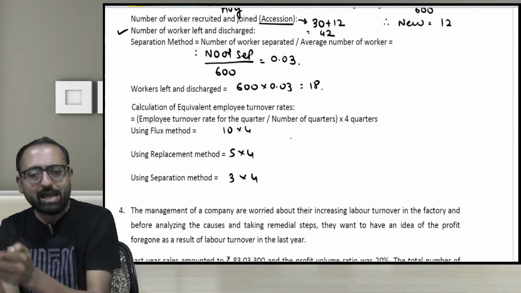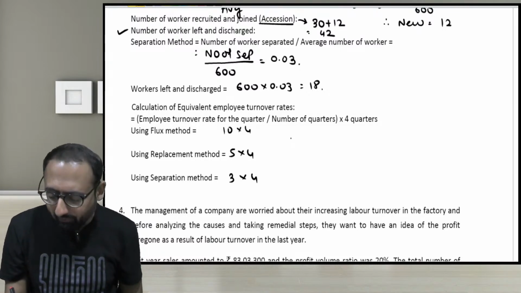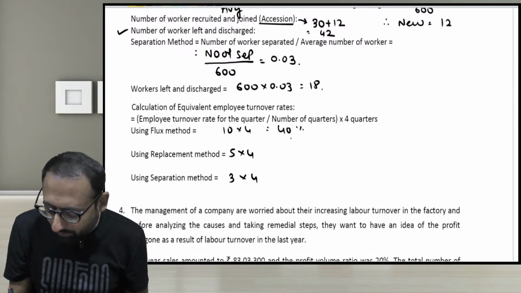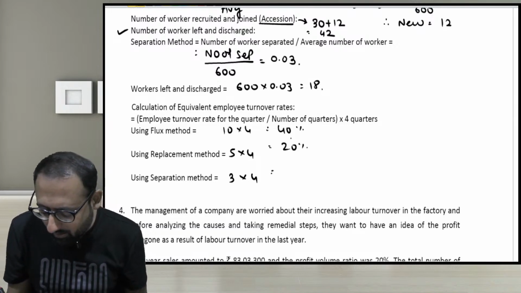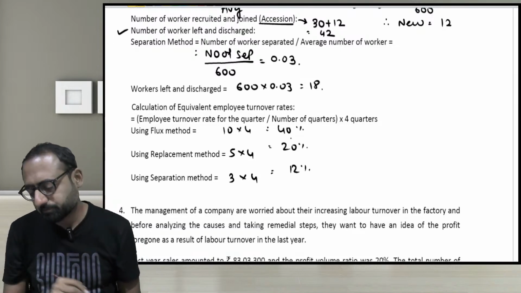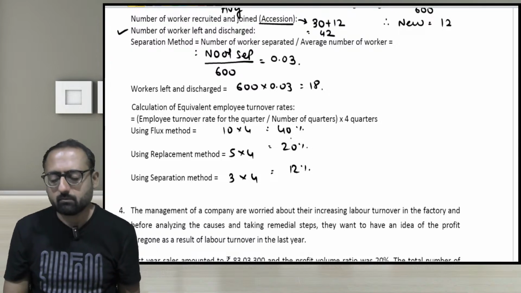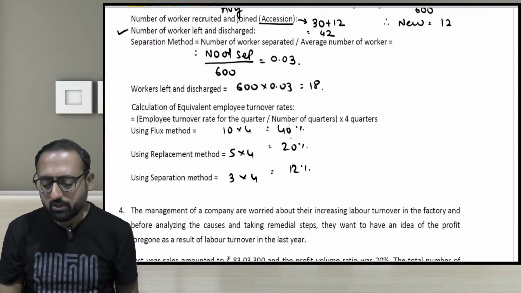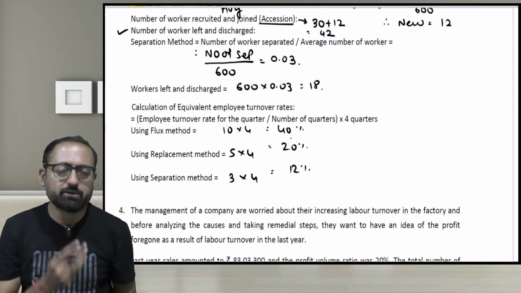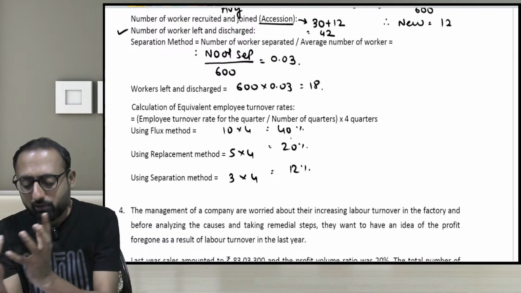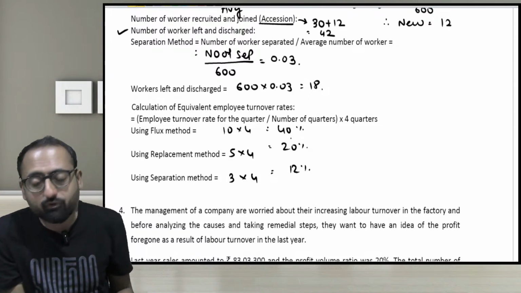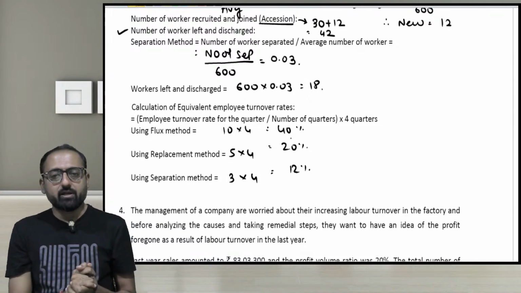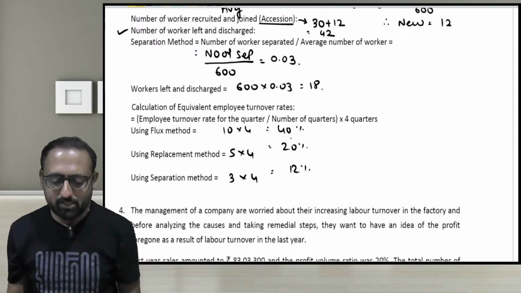So the equivalent annual employee turnover rate will be 40%, 20%, and 12%. So the data was given for the quarter and you need to calculate the equivalent labor turnover rate for the year. Perfect, so this answer is over.